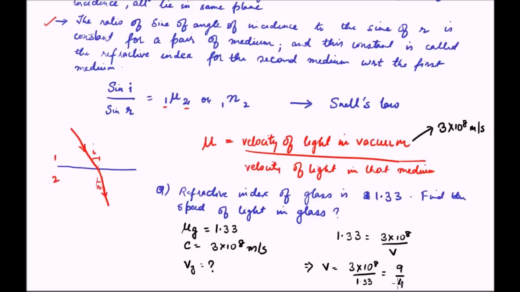So we can take it as 9 upon 4 into 10 to the power 8, which is 2.25 into 10 to the power 8 meter per second. So if the refractive index of glass were 1.33, then the velocity of light in that glass would have been 2.25 into 10 to the power 8 meter per second.